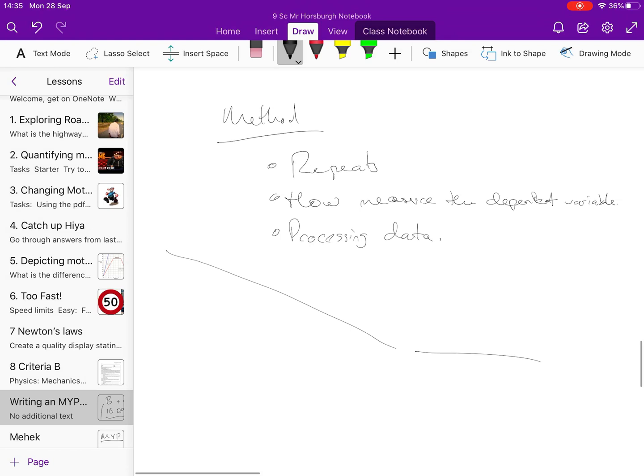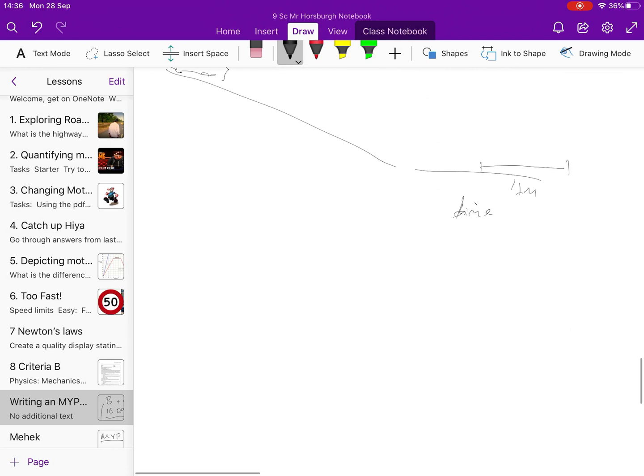So we've got this experiment where we roll a car down a ramp, right? And then the car comes off and we time it to travel 1 meter using a stop clock, yeah? So our results will look something like this. Mass, 100, 200, whatever it was.